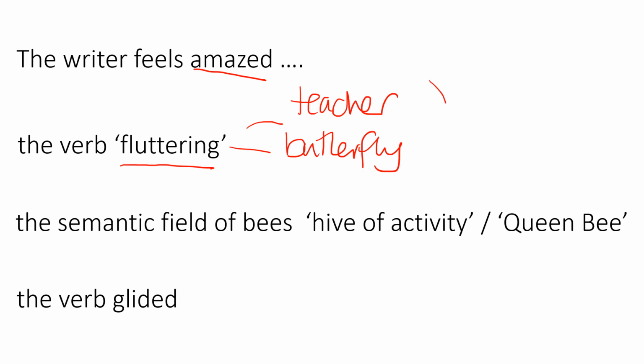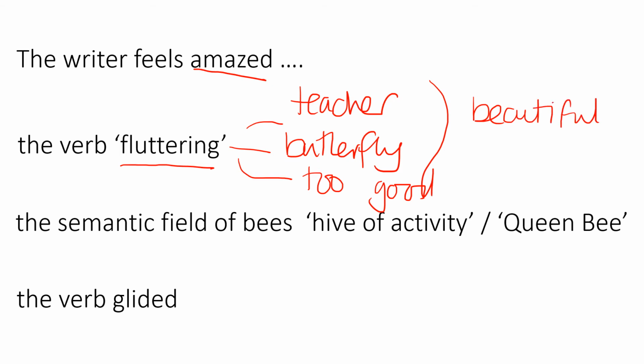And so we're seeing this idea that the writer is amazed because of the way that they behave. They seem like they're too good and amazing, and almost like what they're doing seems beautiful, maybe with this choice of word here, that with their fluttering, it's almost like it's effortless.